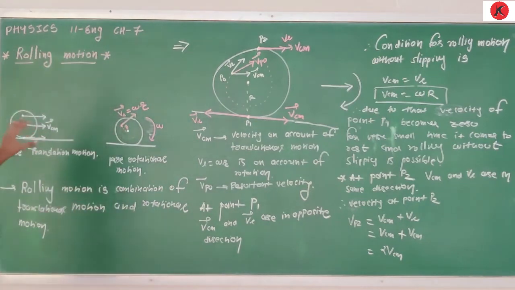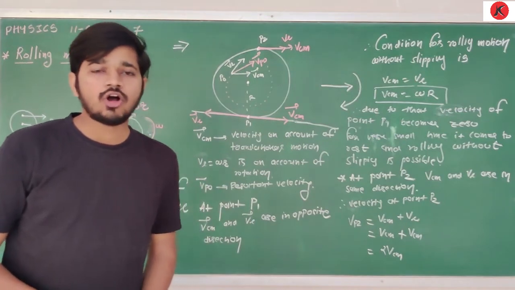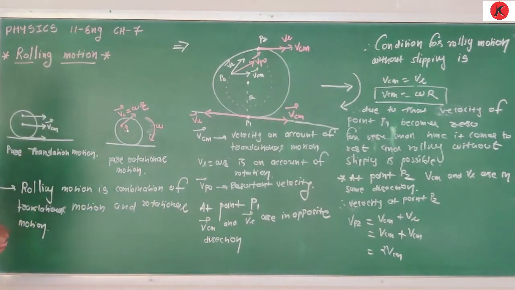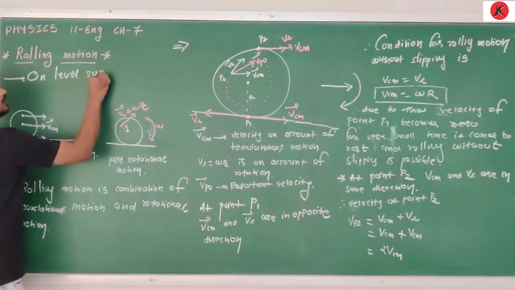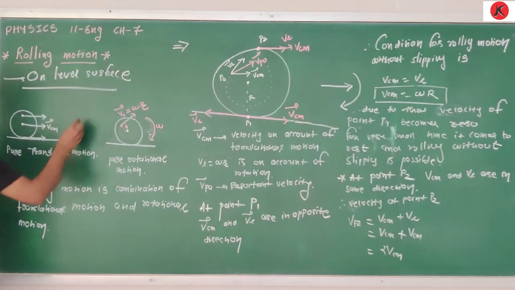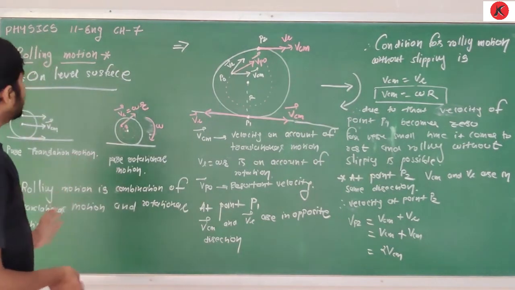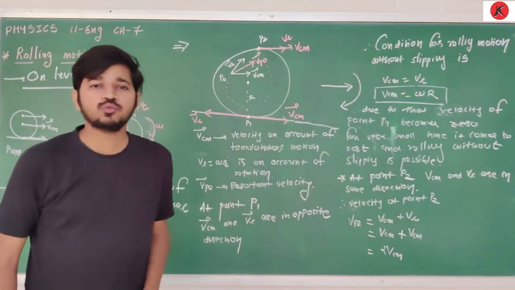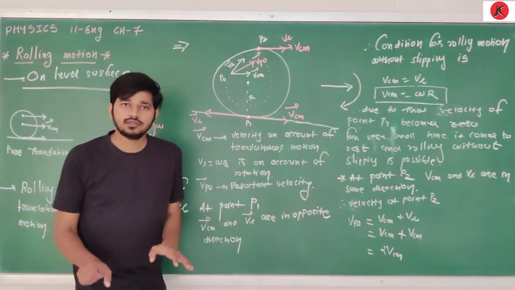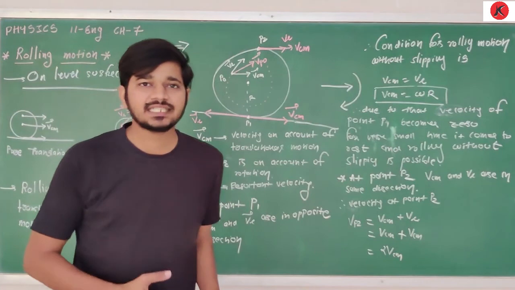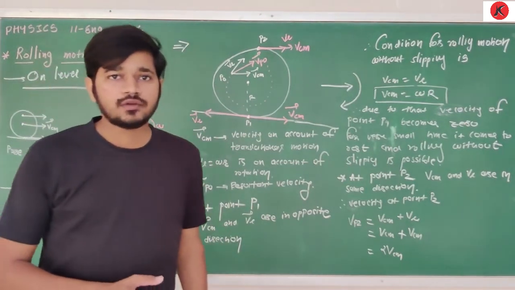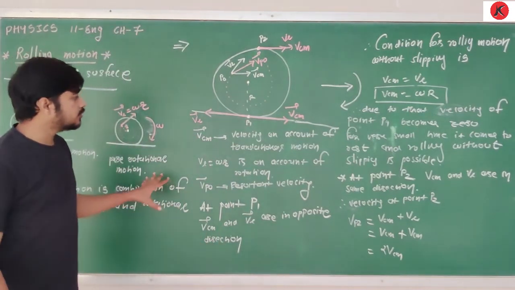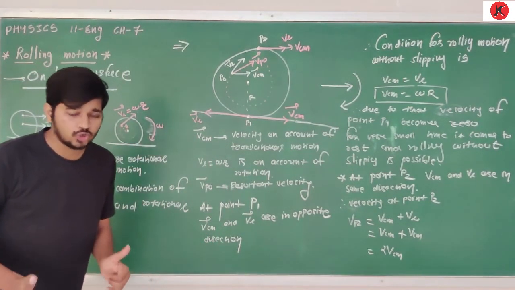This is rolling motion on a level surface. Now we will see in the next topic rolling motion on an inclined plane. Clear about this topic? It is again one important topic in rotational motion, and also for GWND part that you have to remember. Clear? Okay.